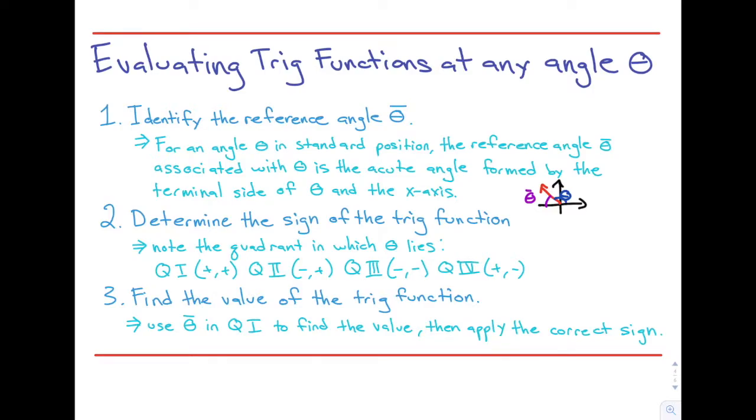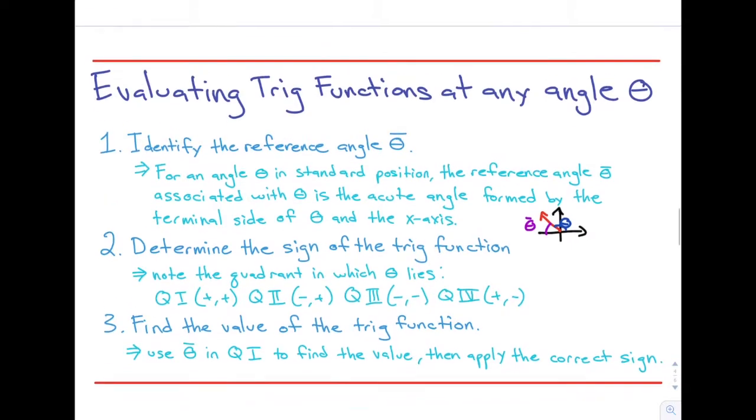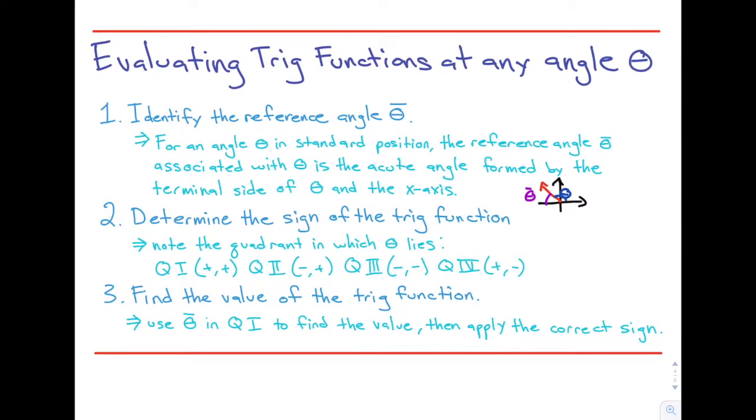This makes it easier to identify the sign when, suppose, we have a cosine. Remember, that's x over the radius. The radius is always positive, so if x is negative, then cosine is negative. Lastly, we find the value of the trig function using theta bar in quadrant 1 and then applying the correct sign.